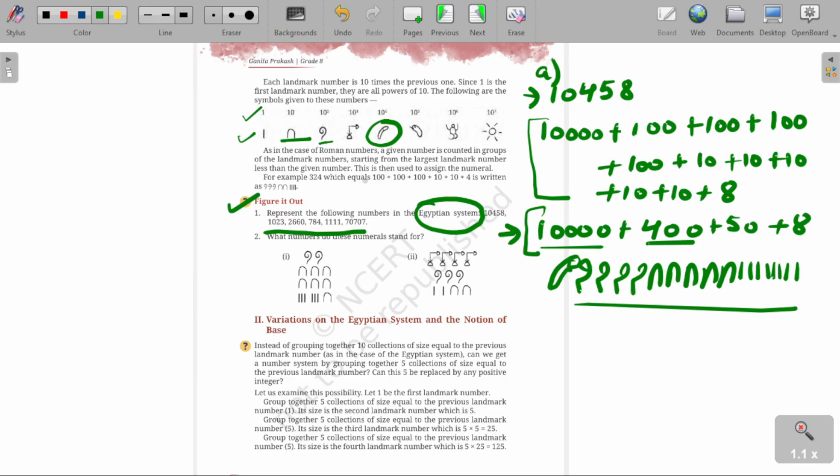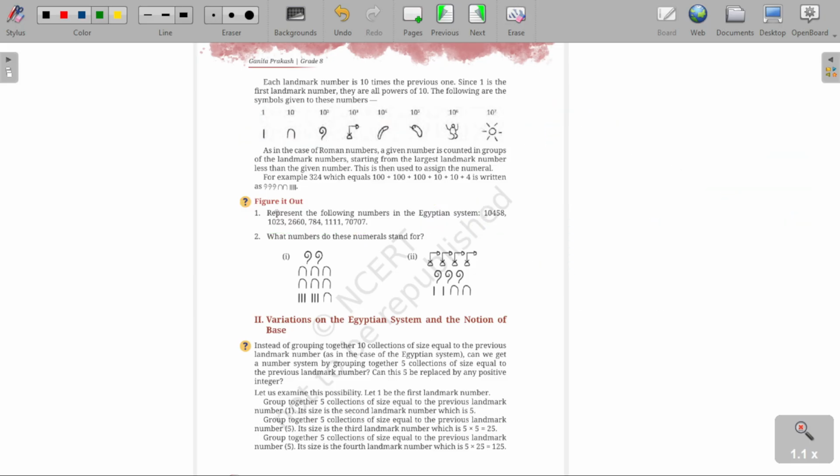Fine. So going to the next question: what numbers do these numerals stand for? You are given the symbolic form now and you need to find the numbers from them, right? So what is this? See, two signs of this, 100 plus 100. How many signs of the tens are there? Six signs. Can you see that?